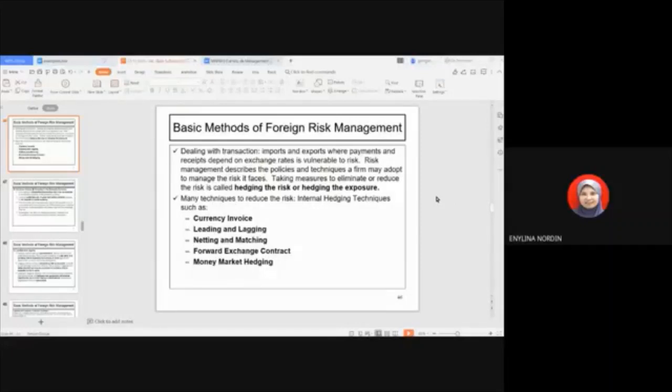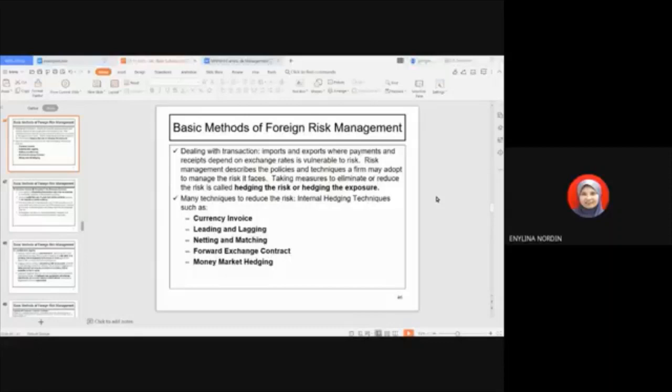The risk management here relates to the policies, techniques, or strategies that the firm may adopt to manage the risk it faces, by taking measures to eliminate or reduce the risk.